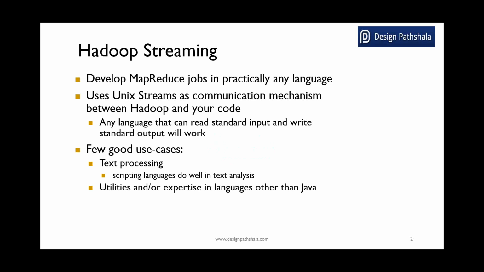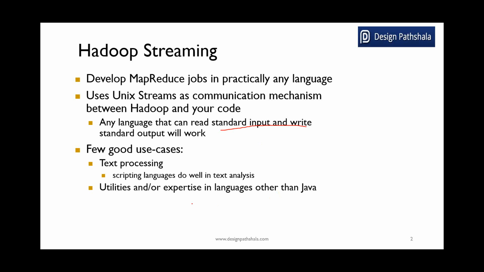I was just talking about these things only. The communication happens over standard input and standard output, and that is a mode which is used to communicate or transfer your data between your streaming language and the Hadoop framework.